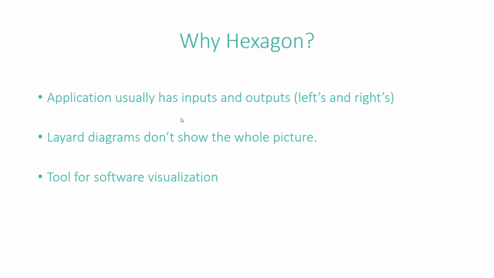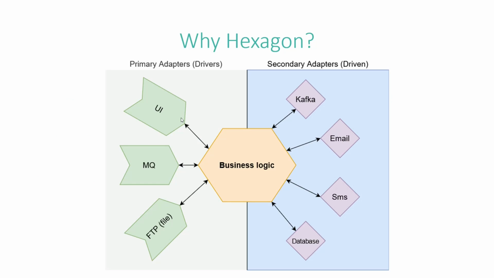Hexagon, in general, I think is a good tool for software visualization. We can show different aspects of our application. So when we think and talk about a Hexagon application, as I mentioned, we have the left side of the application and the right side.